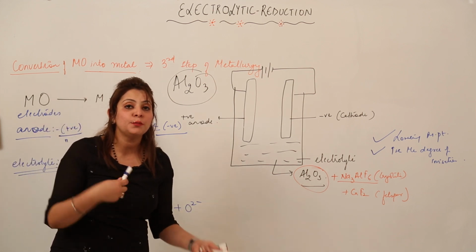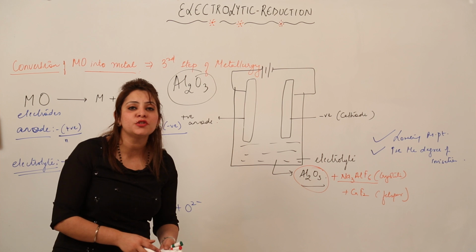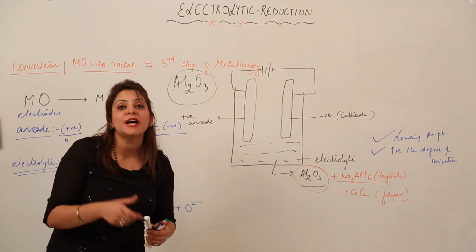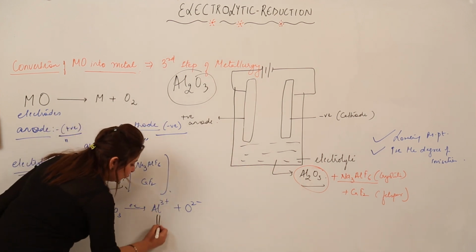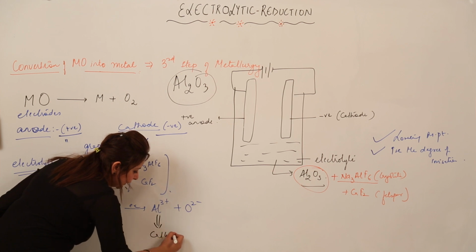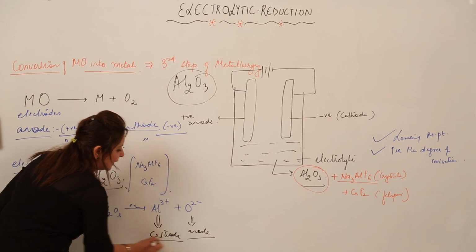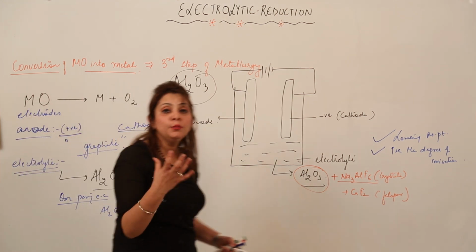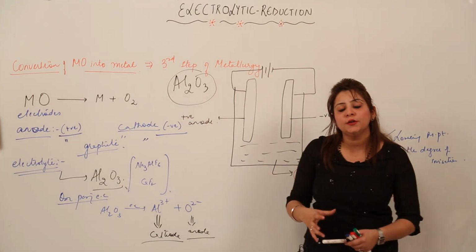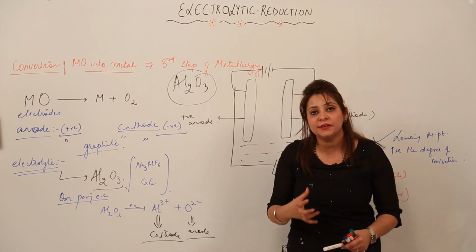If the ion has a positive charge, it will move to the negatively charged electrode, that is, towards the cathode, and the negative ion moves towards the positively charged electrode, that is the anode.